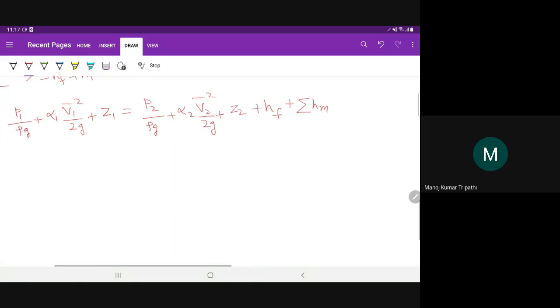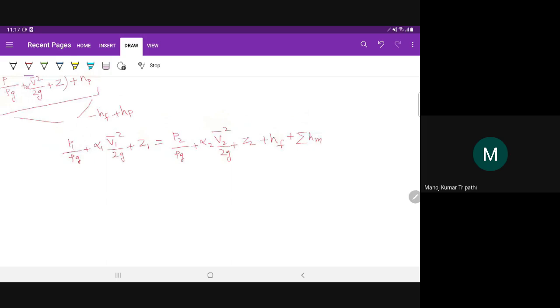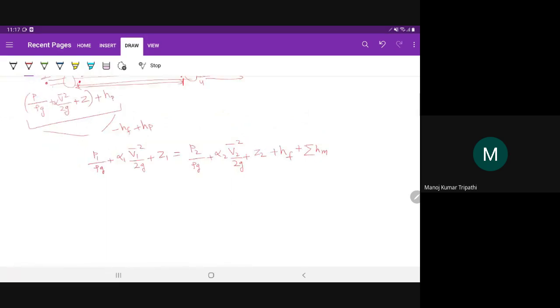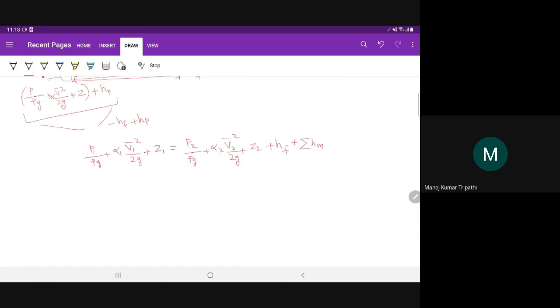Assuming that H pump is a positive quantity, where should that be written? So right hand side or left hand side?